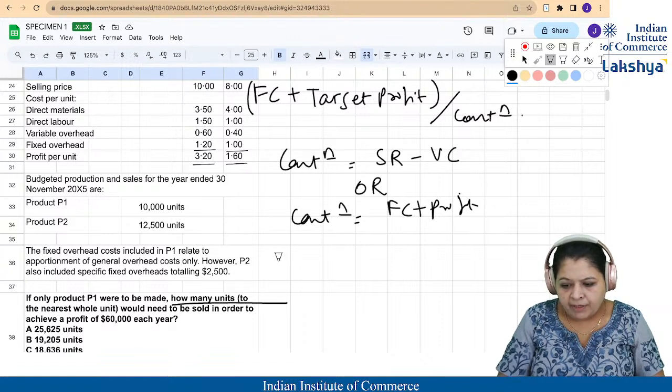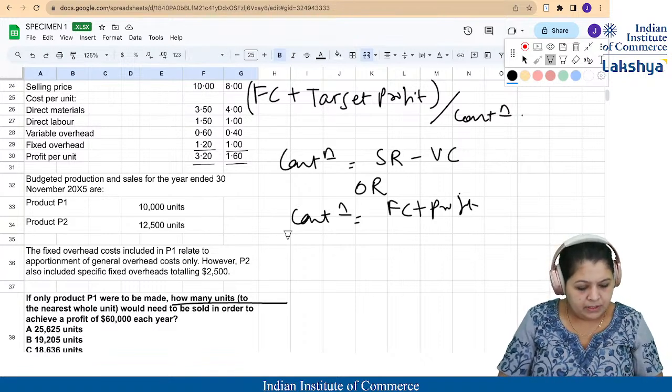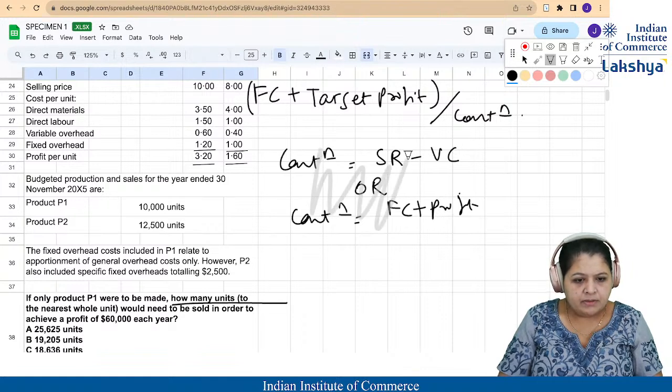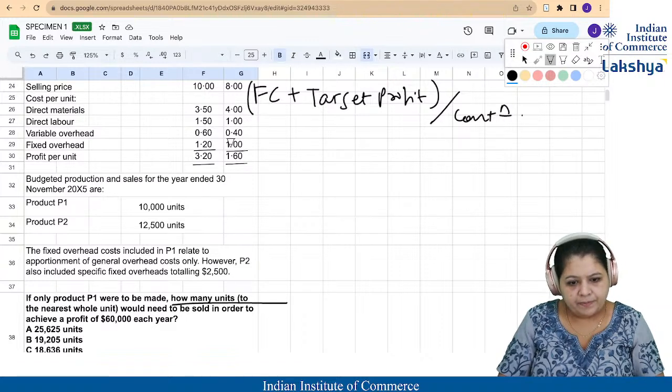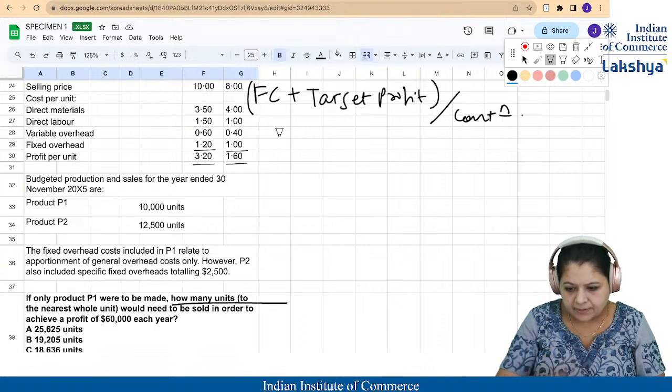Here, when we talk about the fixed cost, let's take the fixed cost first. Let's take these figures out so we have more space.